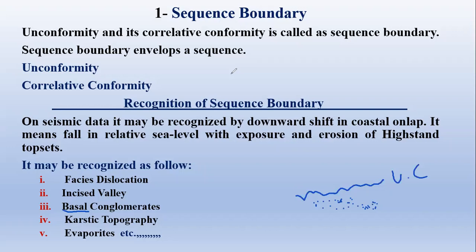Now, what is karstic topography? Karstic topography usually occurs in carbonate platforms when, due to sea level fall, carbonate platforms are exposed to the atmosphere.